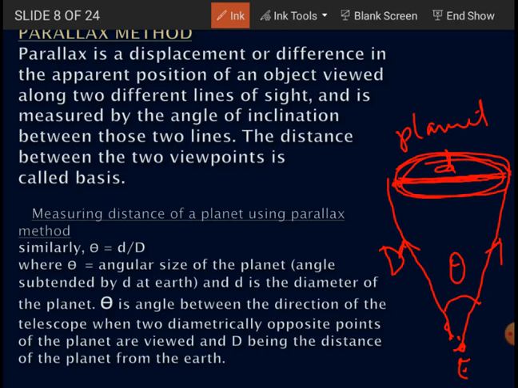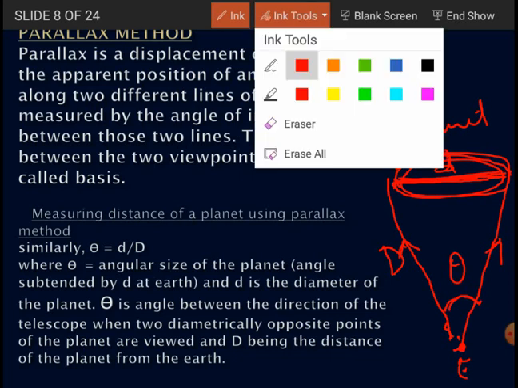So likewise, you can find the angular size theta, and if you know the distance between the Earth and the planet, you can also find the diameter, or rather the size of the planet. Got it?